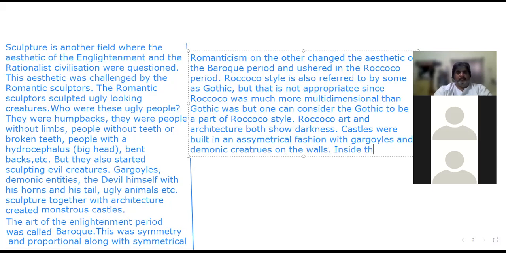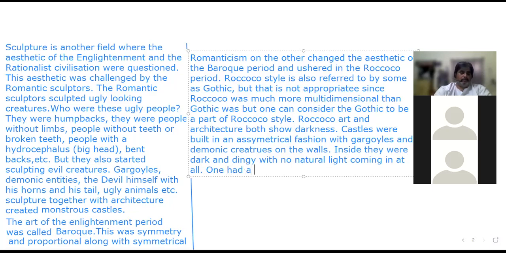Inside, they were dark and dingy with no natural light coming in at all. One had to use a lamp to see what was inside.